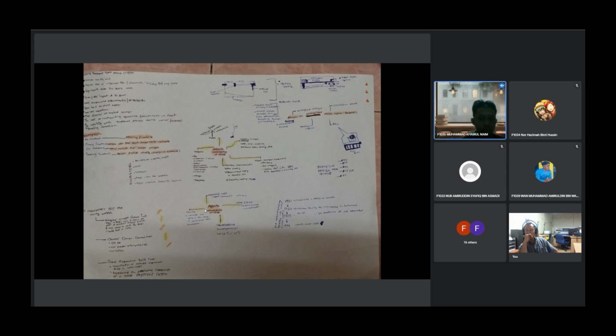the sewage treatment. For sewage treatment, I got more things in this chapter. Firstly, about the chemical characteristic, physical characteristic, and biological.